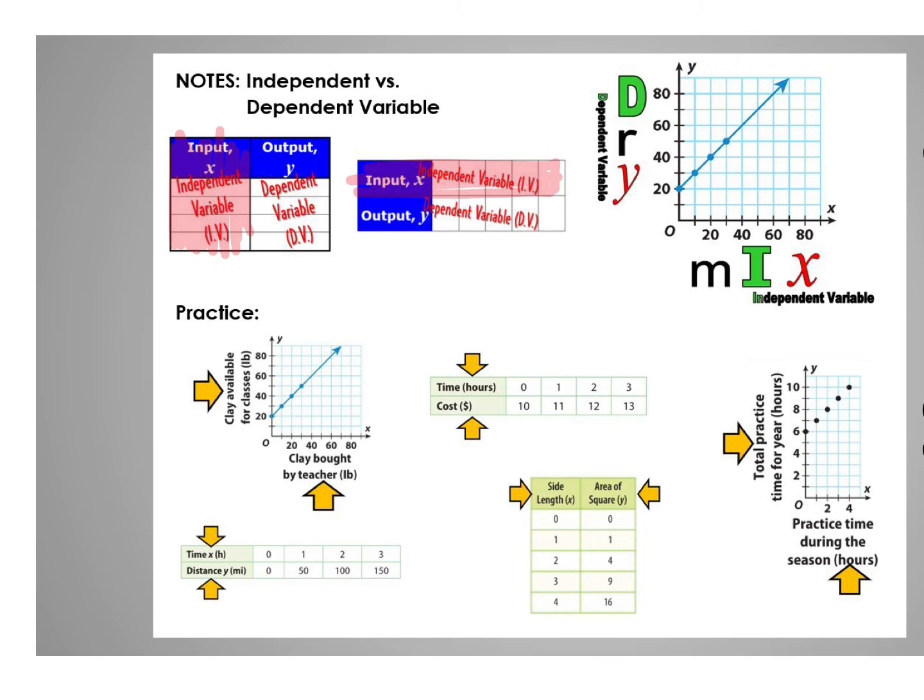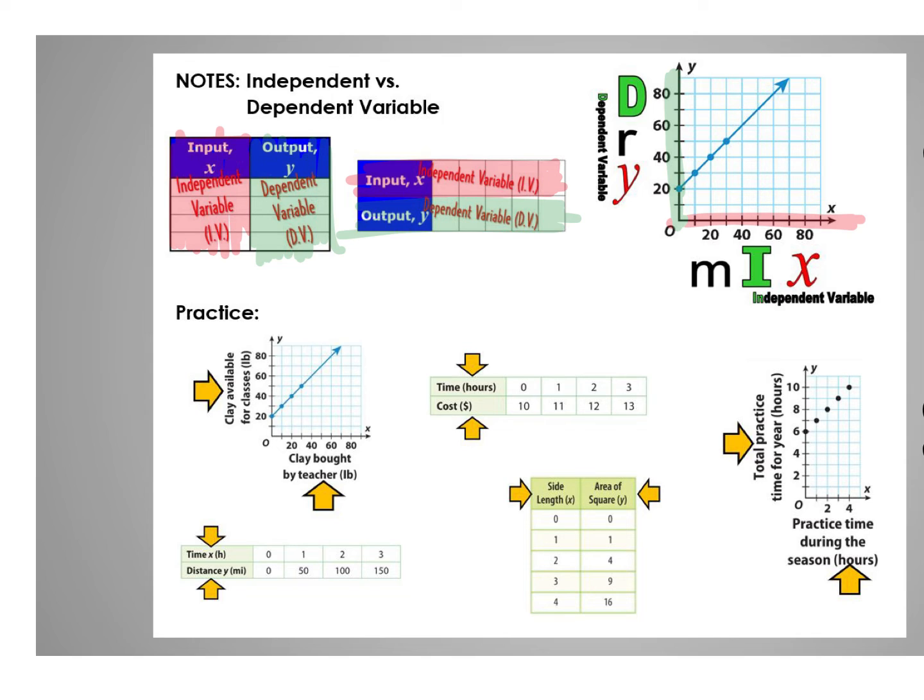So this is our independent. And that's always the x. Okay, on our graph, the x is right here. So this is our independent variable. And then our y is our dependent variable, the dv. And that's the second row, or the y-axis, okay? So we just need to be able to like label them, okay?